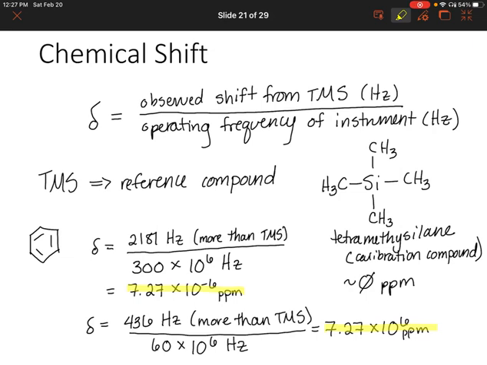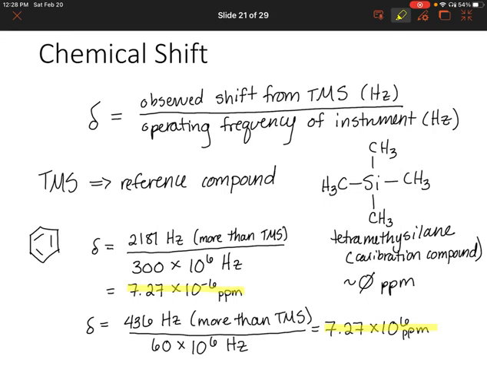So this is why we use parts per million instead of hertz, because that relationship between the shift from TMS and the operating frequency of the instrument should be the same.